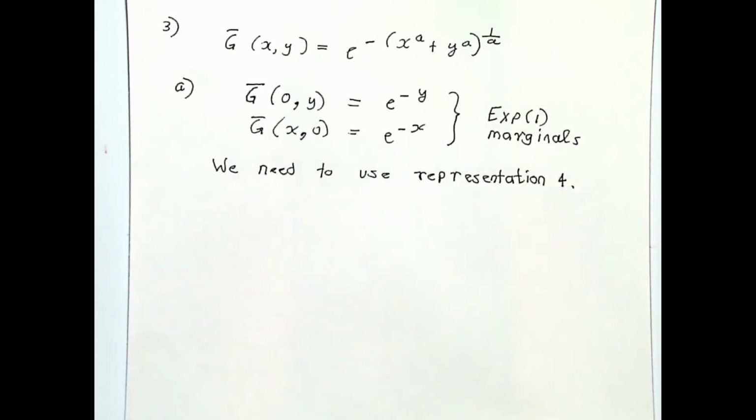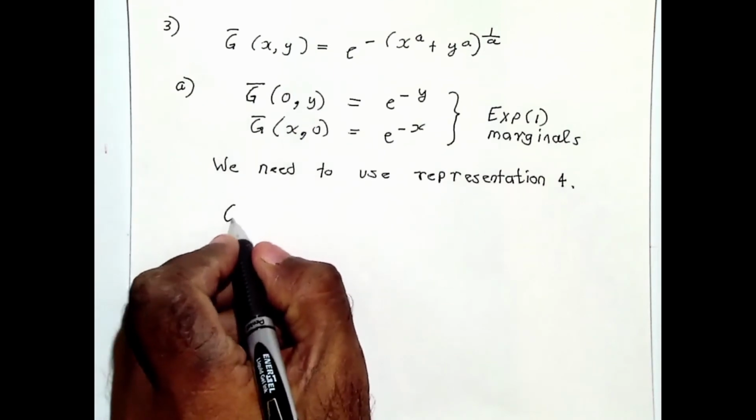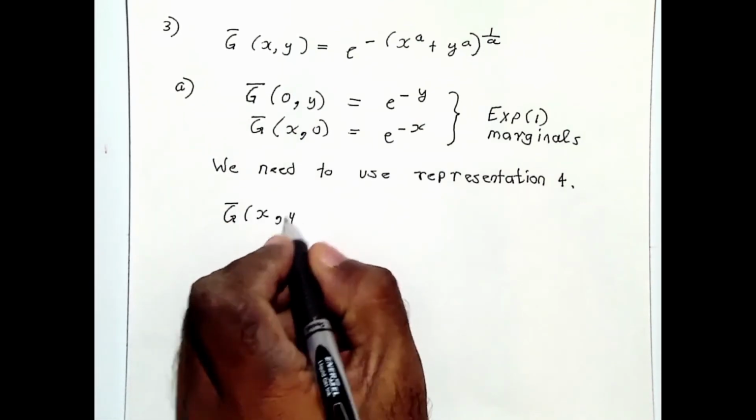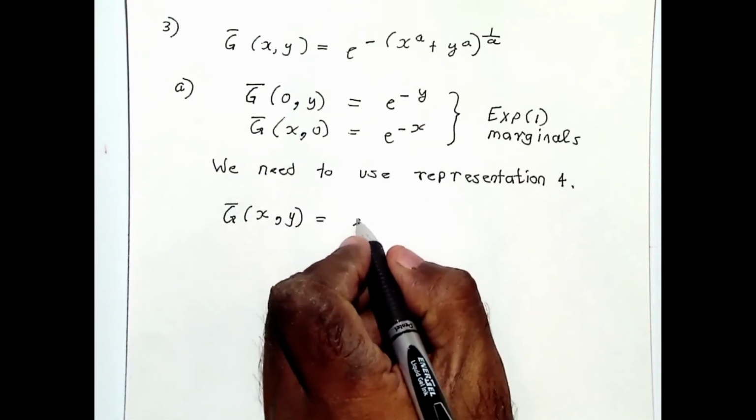Alright, so we should try to write the form for G bar into something that looks like the form under representation 4. So that's what I will do now.